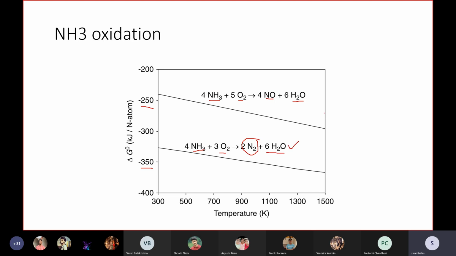If you bring ammonia and oxygen into contact in a simple oxidation reactor at any temperature, most likely what will form is nitrogen, because the bottom reaction is more favorable than this one.